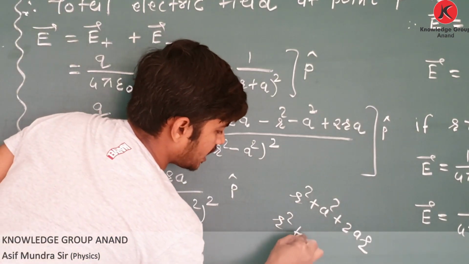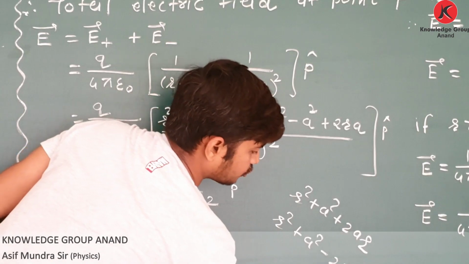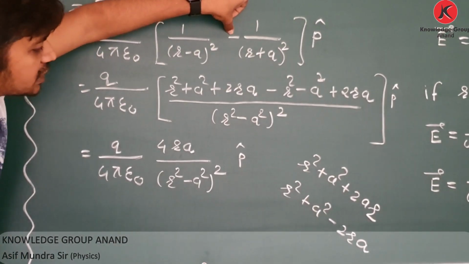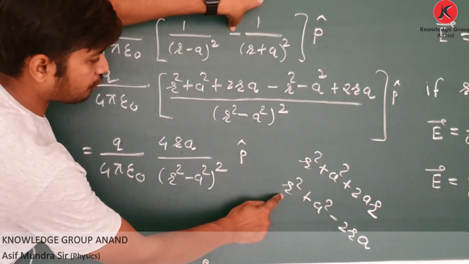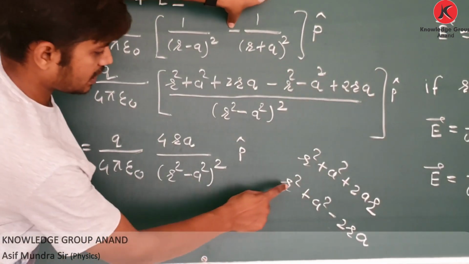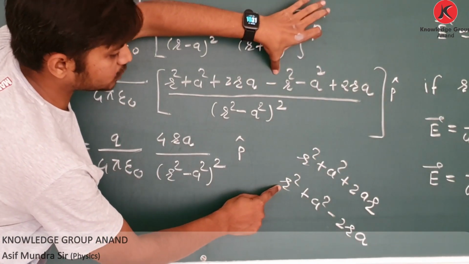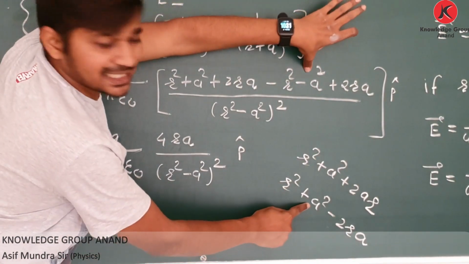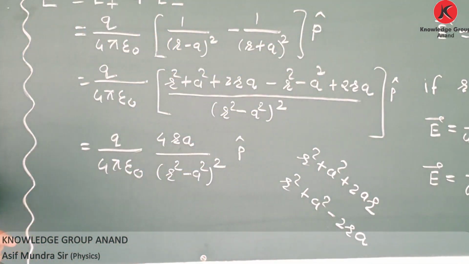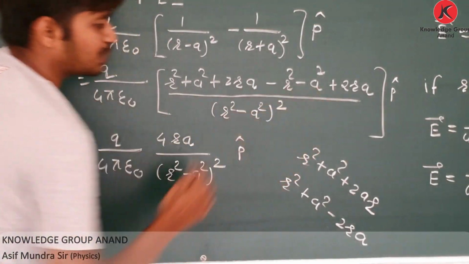It is r square plus a square minus 2ra. But here we have a negative sign, so the sign of each and every term is changed. r square minus r square, a square minus a square, minus minus 2ra, it is plus 2ra. Clear? Okay, so it is simplification.